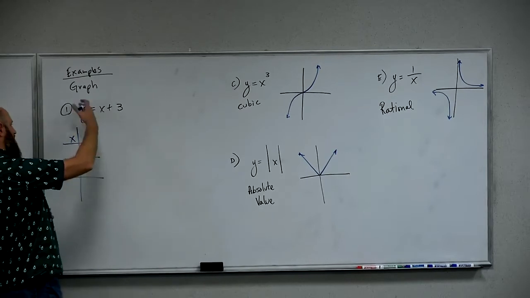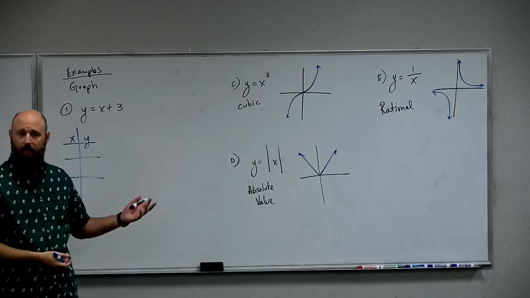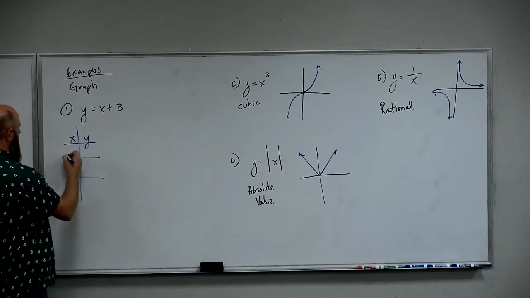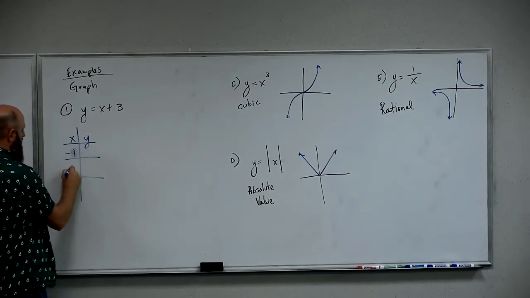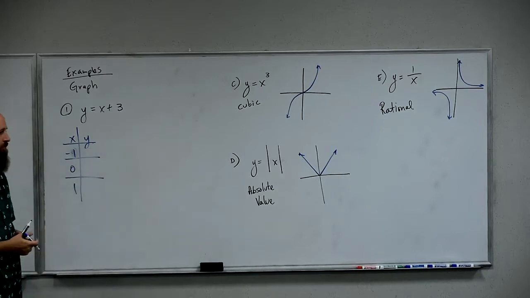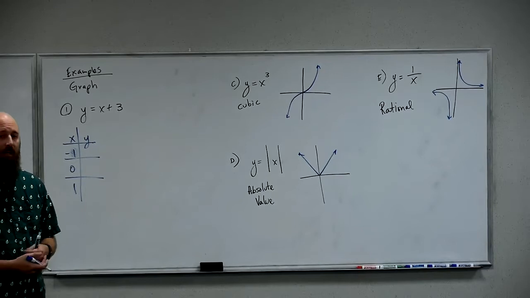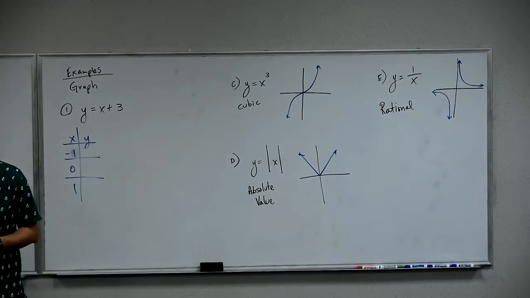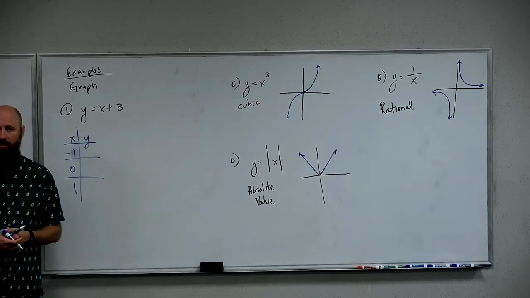Now, when I look at my graph here, if I do not have any fractions, and I don't in this case, I'm just going to pick -1, 0, and 1. If I have fractions, then we've got another issue, and I'll talk about that in just a moment.